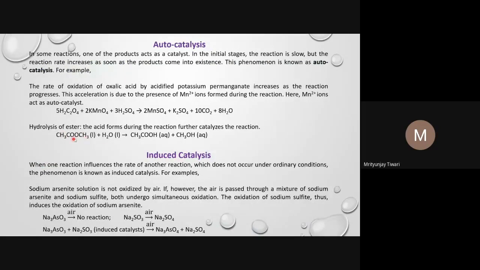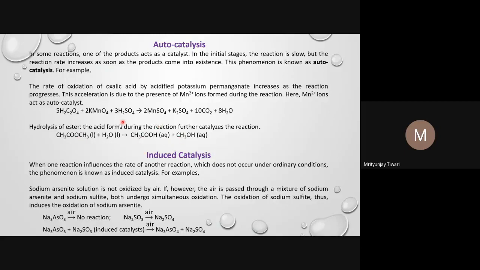This reaction usually happens in the presence of H plus, the HCl. So even if you don't add HCl initially, this reaction will be very slow, but after a certain time, once this acetic acid is formed, it is also an acid, and H plus ions or hydronium ions will be released into the solution, and those hydronium ions will then catalyze this hydrolysis process.